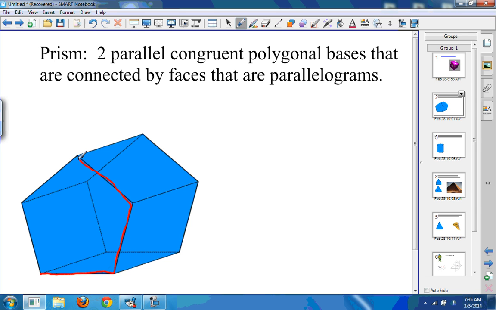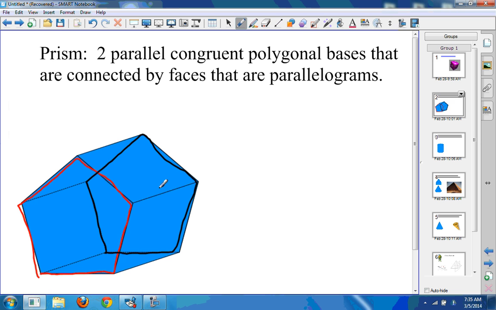This is a pentagonal prism because it has 5 sides. Notice the 5 sides here, and then, switching colors, in back we have, parallel to the first pentagon, another pentagon. We call both of these bases. So both those pentagons are bases and they're parallel.